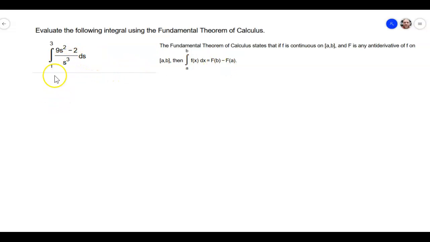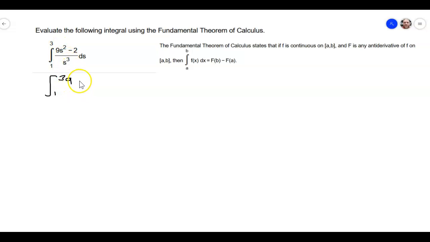All right, so if we take a look at this here, this is 1 to 3. We can reduce this into two separate fractions here. So the top one, what is this going to be?